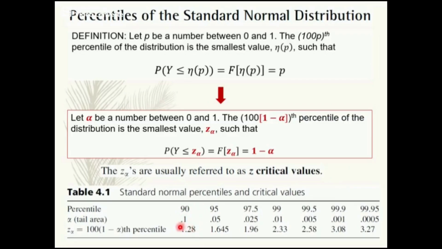So 1.28 is exactly your Z alpha for 0.1, and it's also your 90th percentile. If you think of this, for example, that 0.05 is a percentage, you have 5% on the right, 95% on the left. So obviously the same value, and in this case it's 1.645.